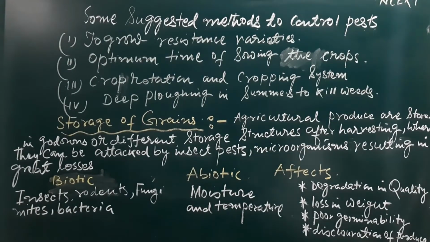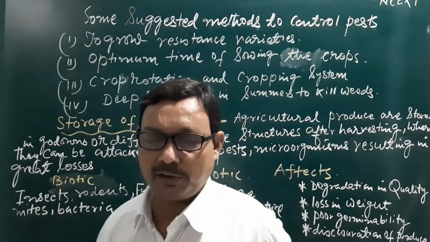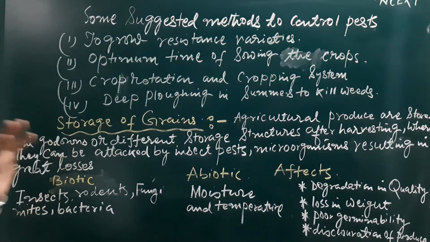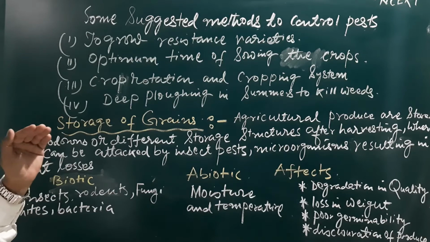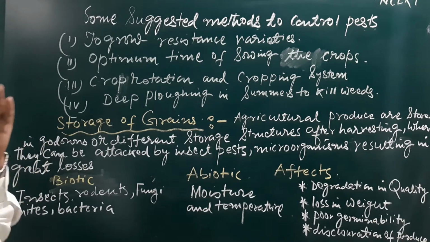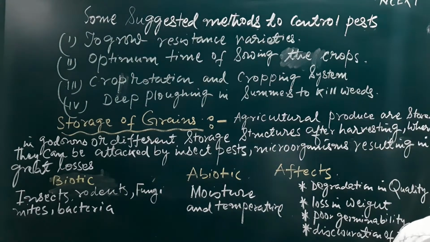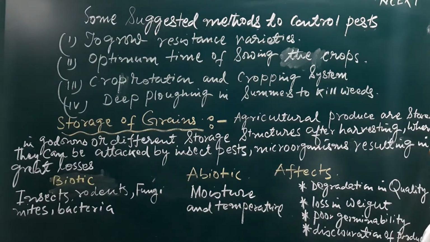In protection management, we have seen so far there are three different factors responsible for destruction of the crop field: weeds, insect pests and the diseases caused by different microorganisms or pathogens.